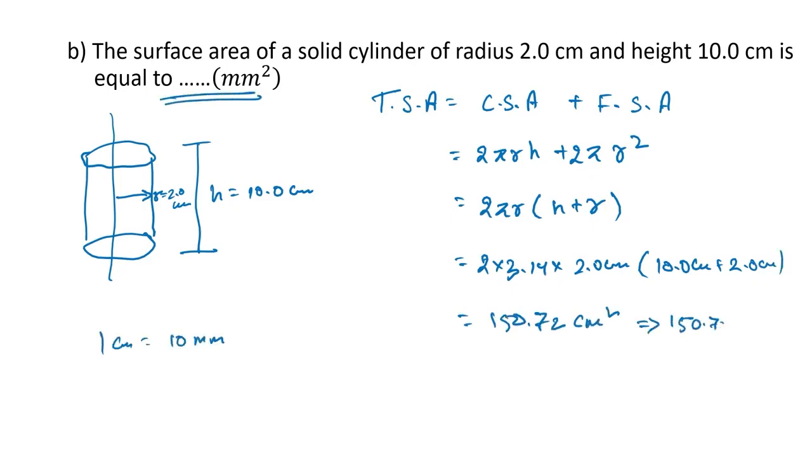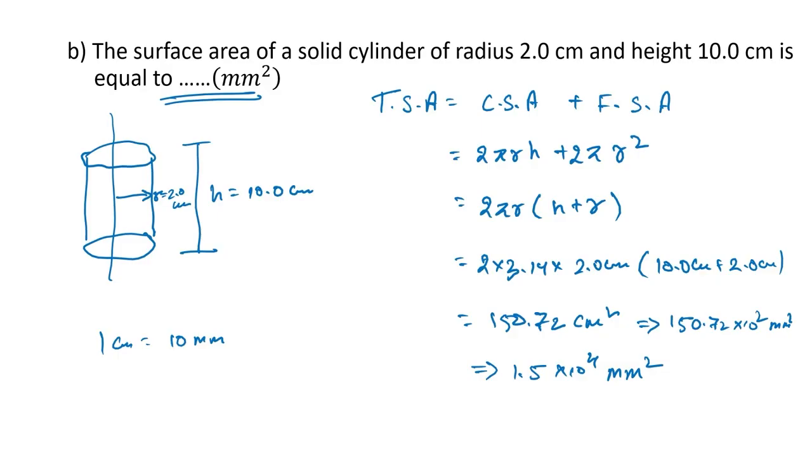For conversion, 1 cm would be equal to 10 mm. So as it is centimeter square, we will multiply by 10 times 10 millimeter square, so we will get 15072 millimeter square. Rounding off the value, we will get 1.5 into 10 to the power 4 millimeter square.